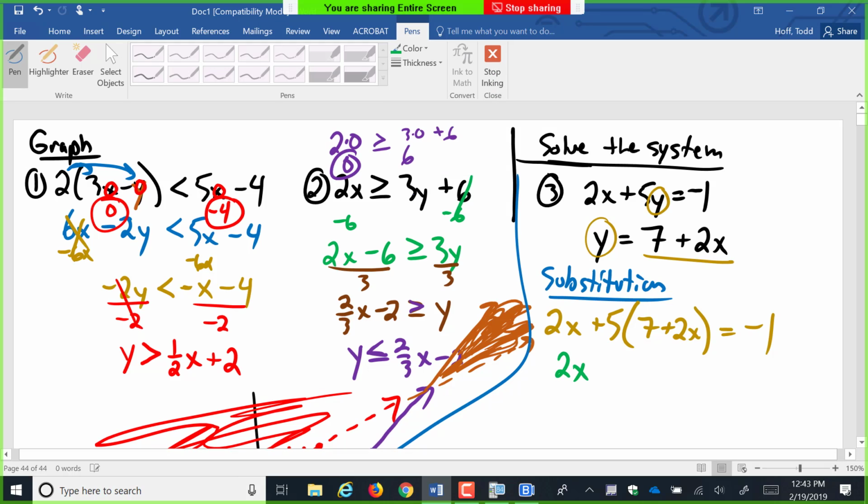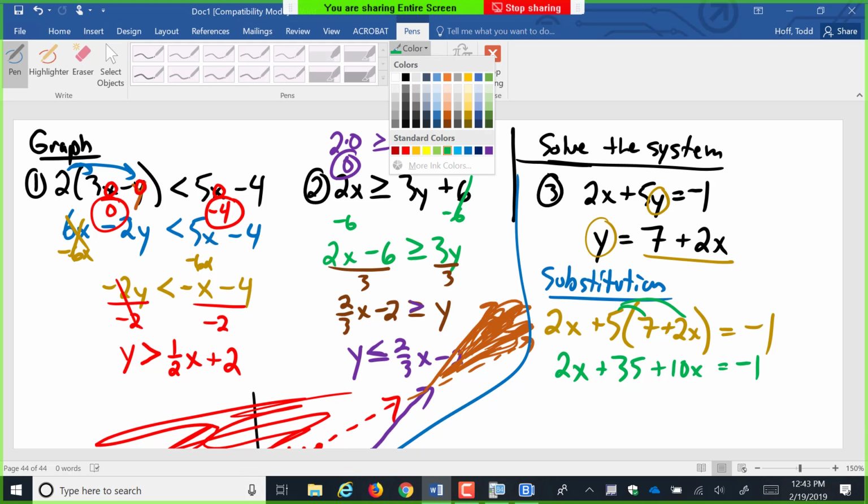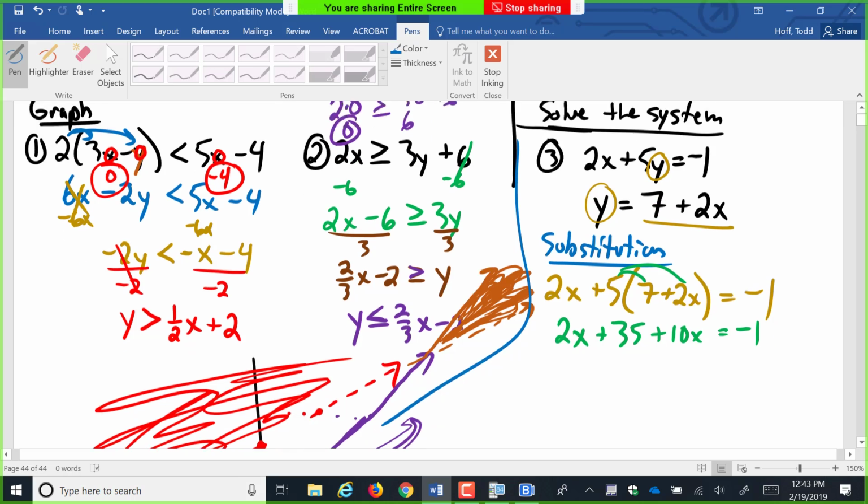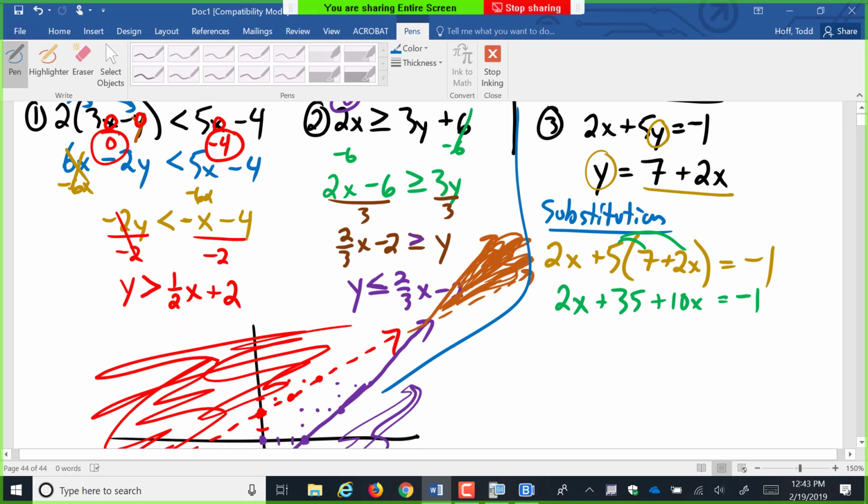So the 2x doesn't change. 5 times 7 is 35. 5 times 2x is 10x, equals -1. What would be our next step here? Combine like terms. 2x and 10x make 12x plus 35 equals -1.